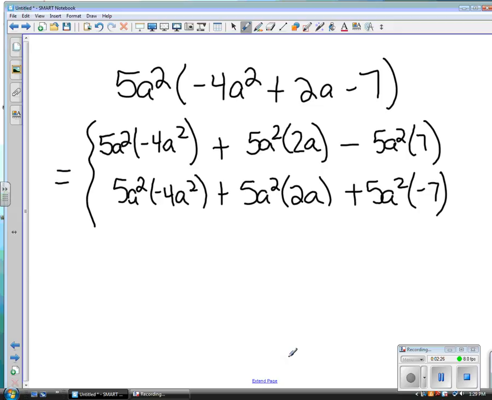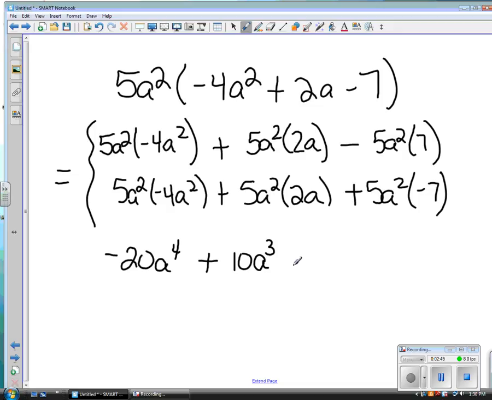Now I'm just going to go through and multiply each monomial by monomial. So this gives me negative 28a to the 4th plus, what's the next monomial times a monomial? 10a to the 3rd.